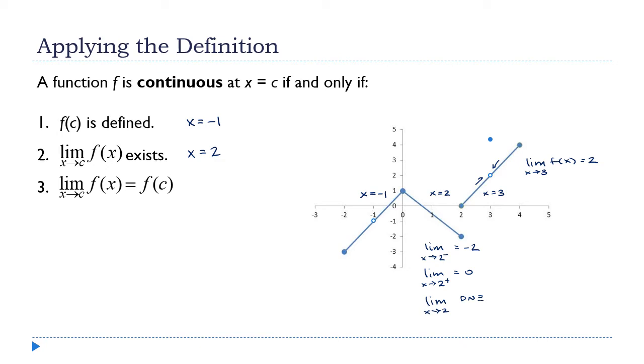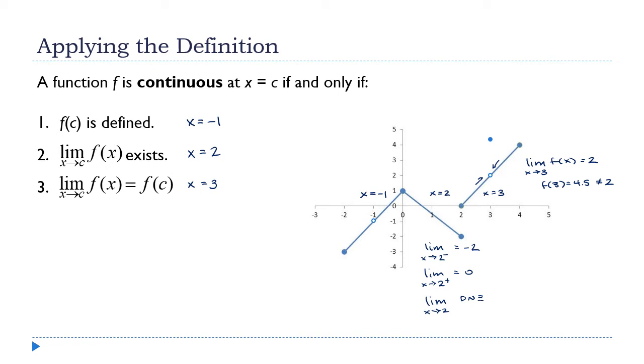However, f of 3 looks like about 4.5. It's not equal to 2, right? So the limit does not equal the function value, and criterion 3 fails.